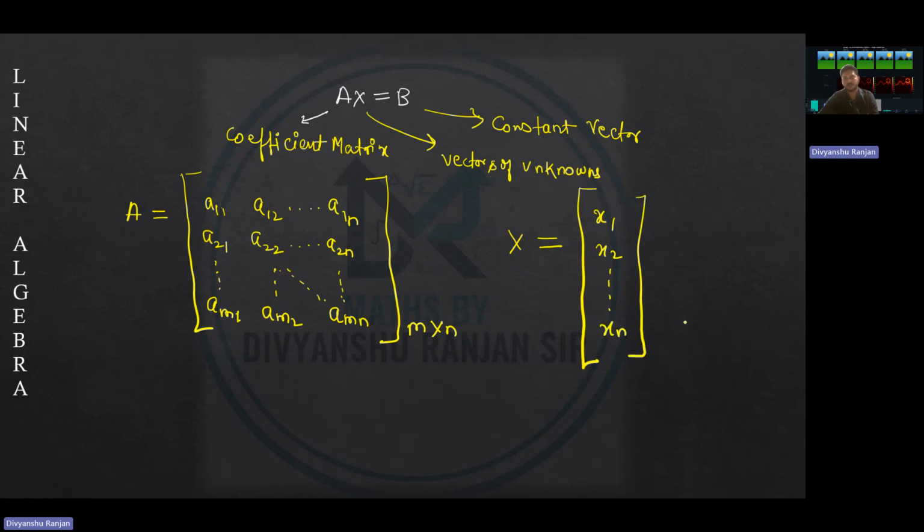These are column vectors, that is, the dimension of this vector is n cross 1. And lastly, we use the constant vector, that is b: b1, b2 up to bm. These are the basic representations.